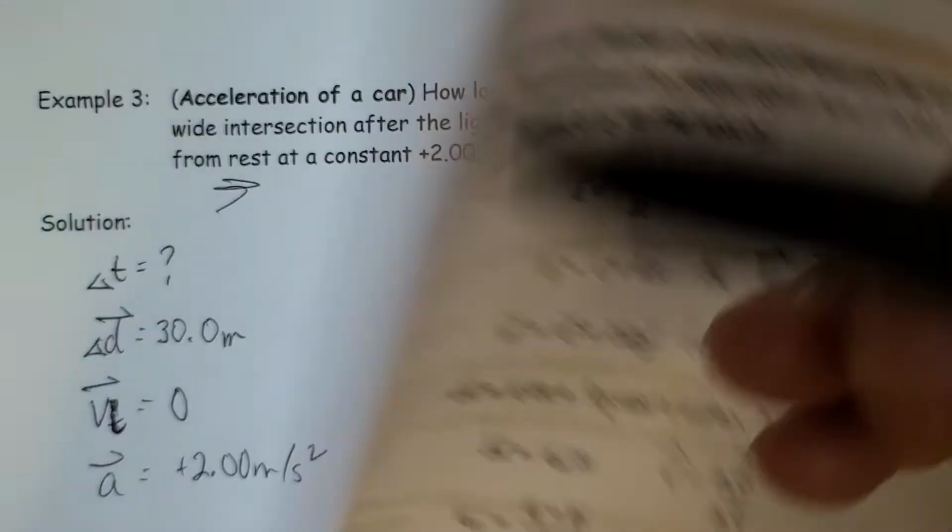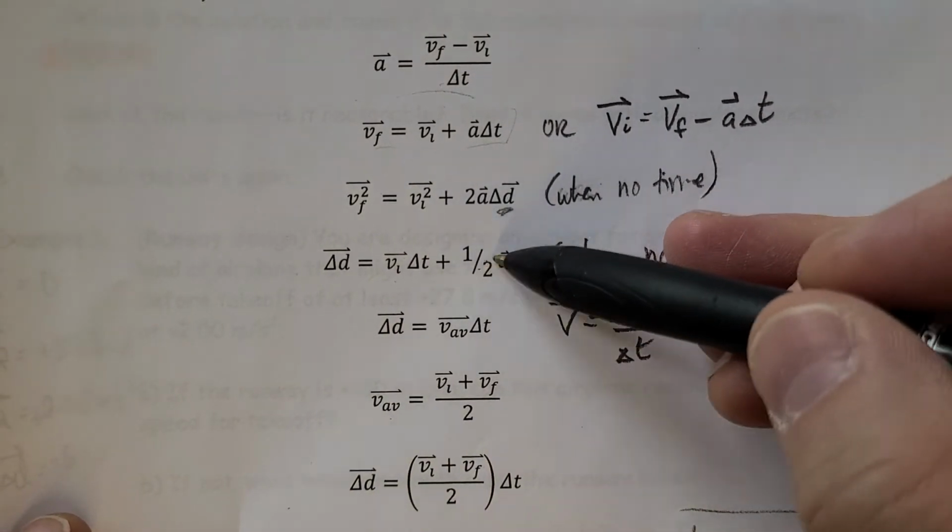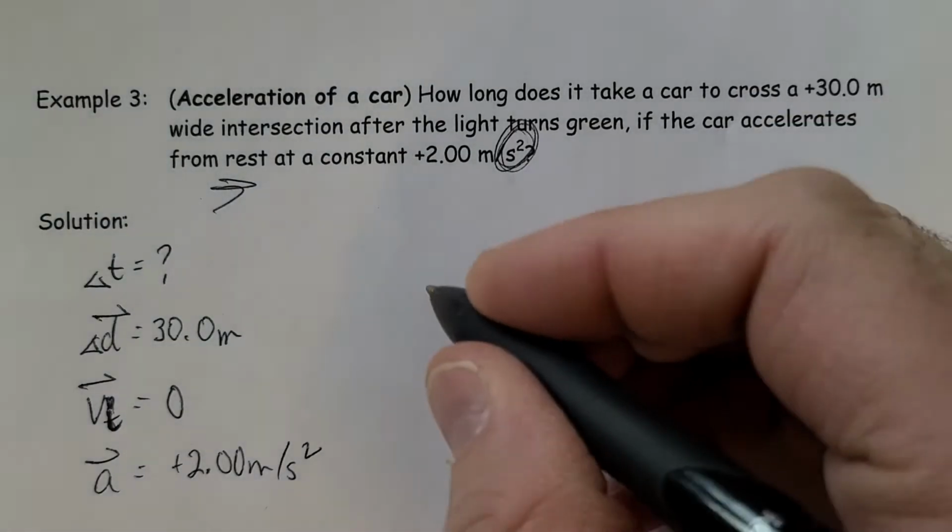So if I look through here, looking for T, given VI, not given VF, when no VF, there we go. It's the big equation.